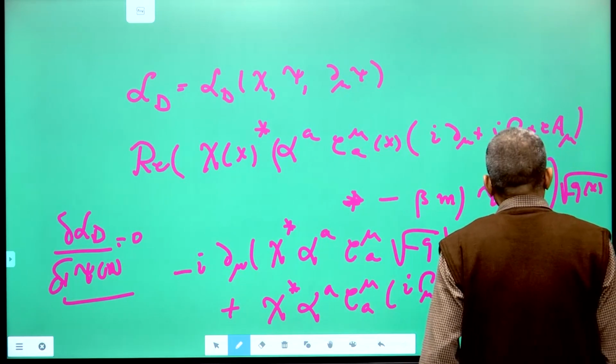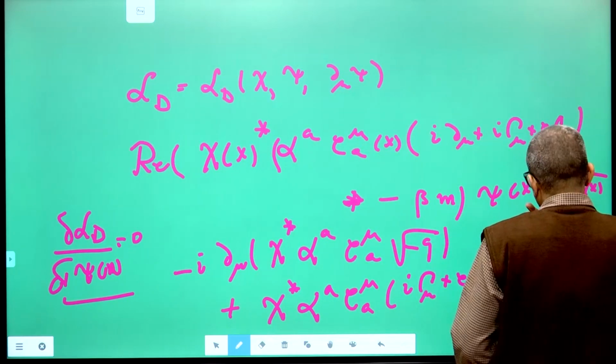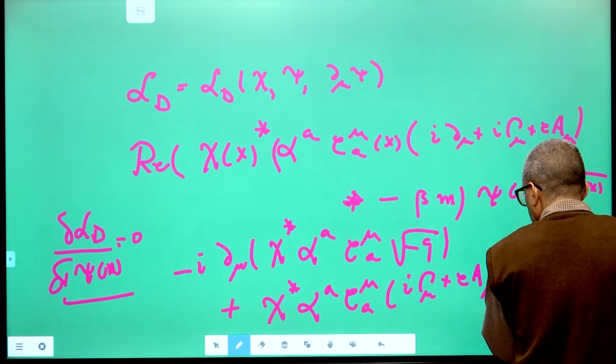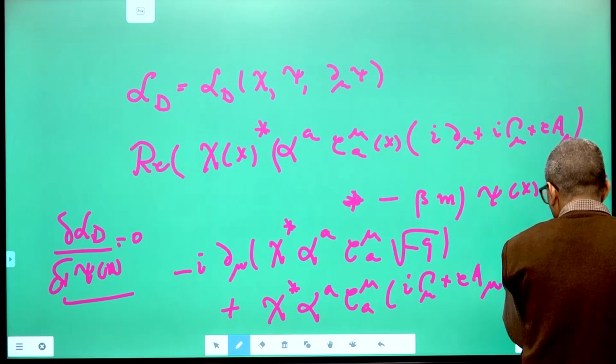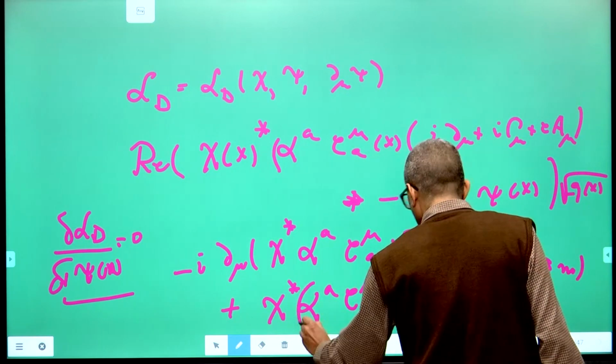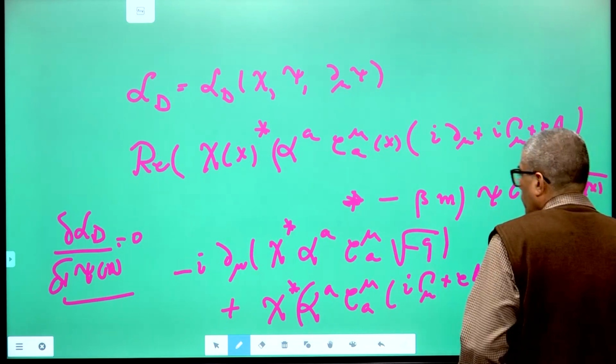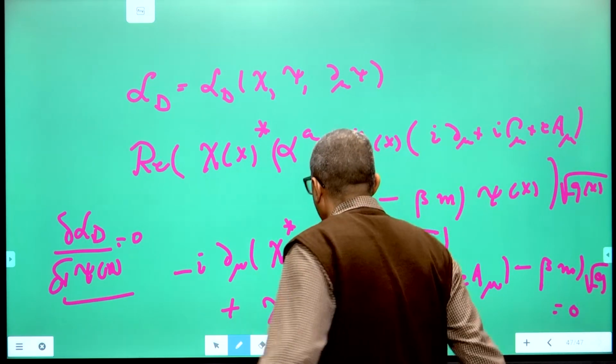These two non-derivative terms, into minus beta m, into root minus g, equal to 0. That is, the dual field will satisfy this dual Dirac equation.